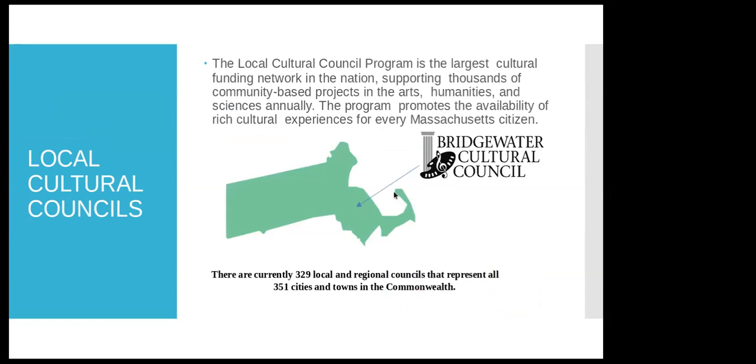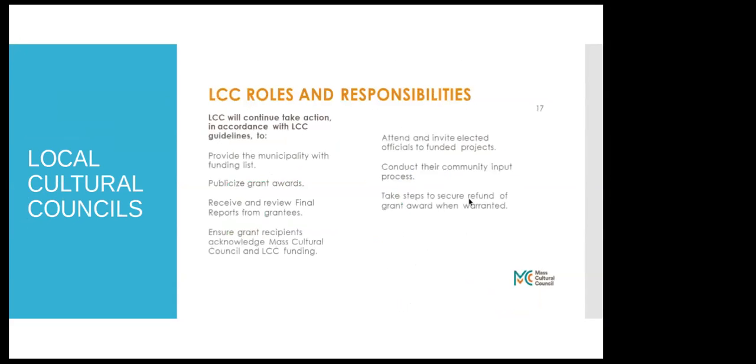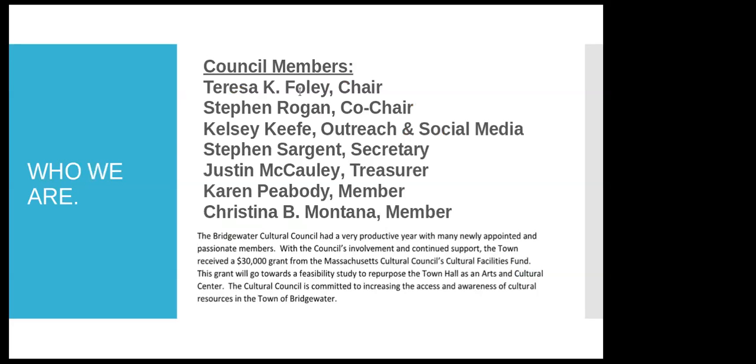There's 329. That's Bridgewater. Our roles and responsibilities are to publicize grant awards. We receive and review the final reports. We provide the municipality with a fundings list. We promote and attend. This is us.